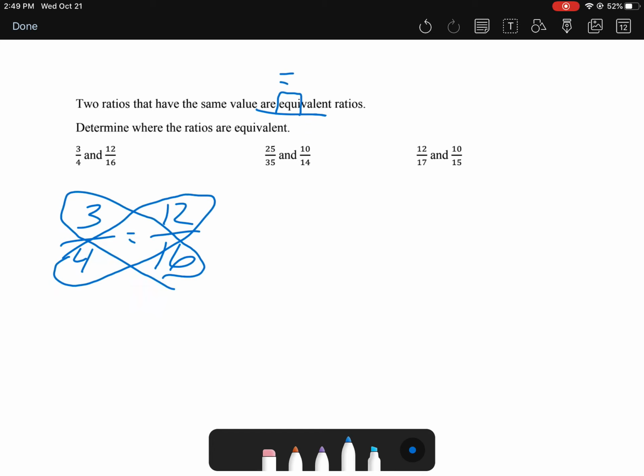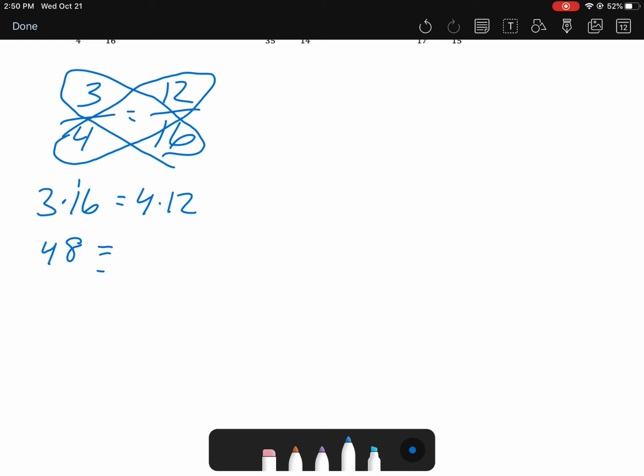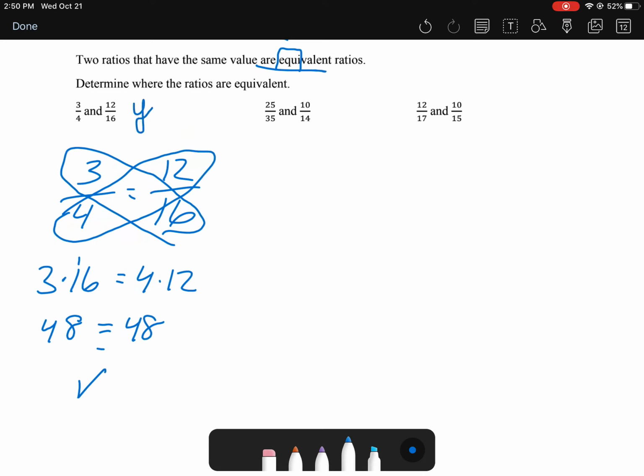So I want to see if 3 times 16 is equal to 4 times 12. 3 times 16 is 48. And I want to see if that is equal to 4 times 12, which is also 48. It is equal, so yes, these are equivalent ratios.